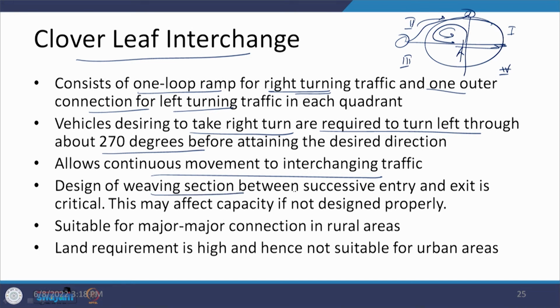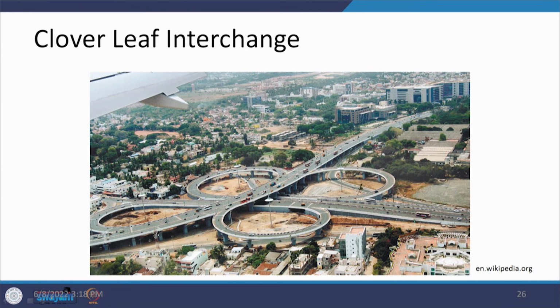Design of weaving section between successive entry and exit is critical. We are going to look at what that means, and it is suitable for major and major connectivities in the rural areas, and land requirement is going to be high because of all of these structures. That is why, because land is quite costly in urban areas, we say that it is not so fit to be provided in an urban area.